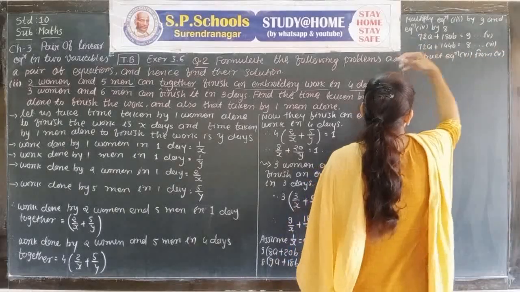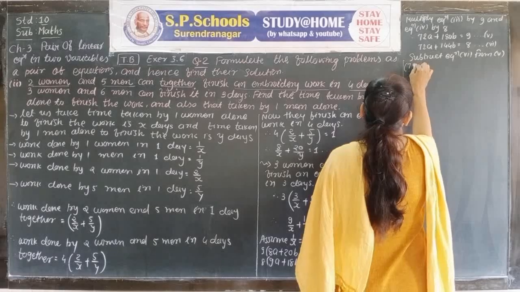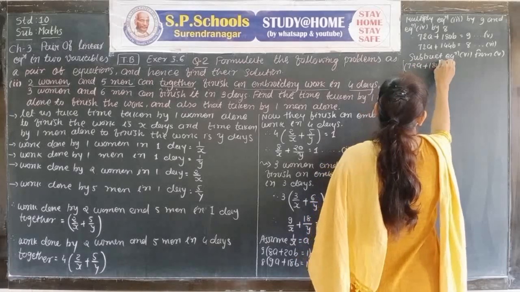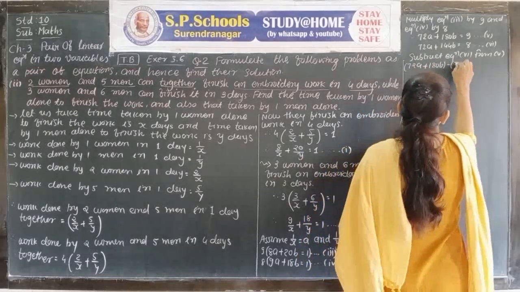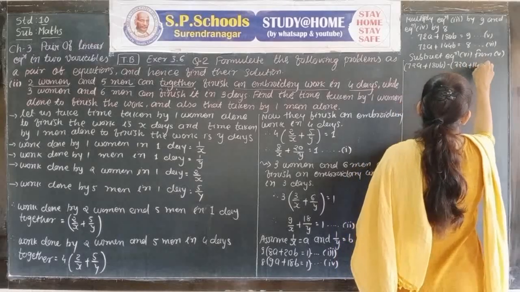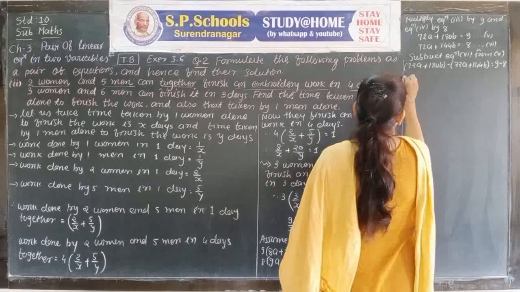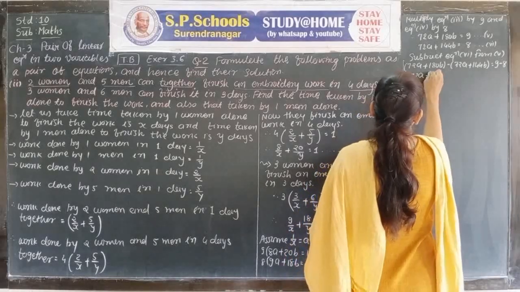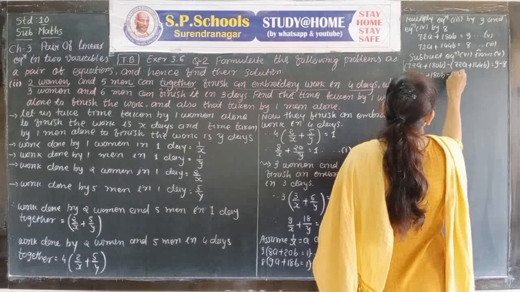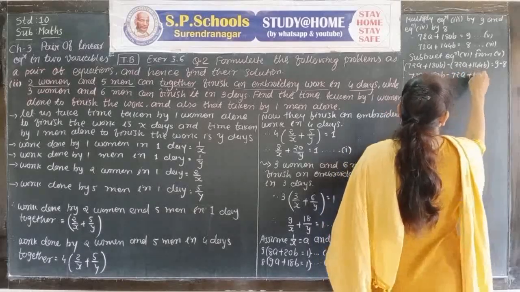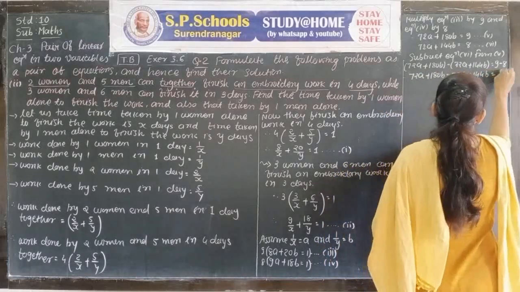Subtraction of left hand side and right hand side: 72a plus 180b minus (72a plus 144b) is equal to 9 minus 8. Open the bracket: 72a plus 180b minus 72a minus 144b is equal to 1.